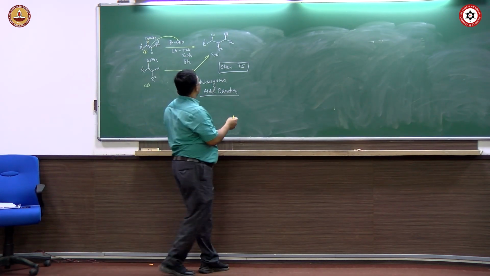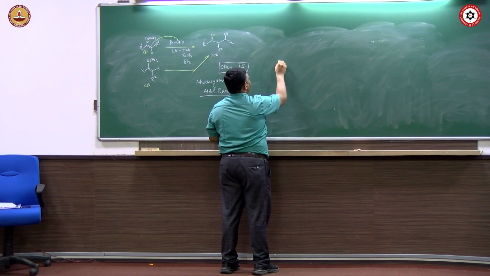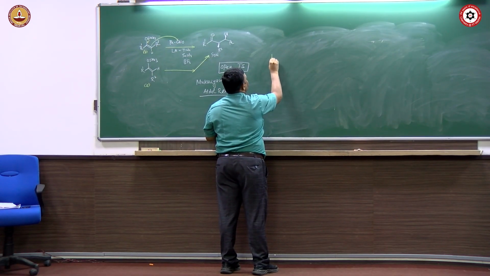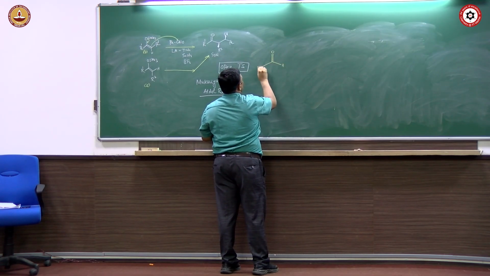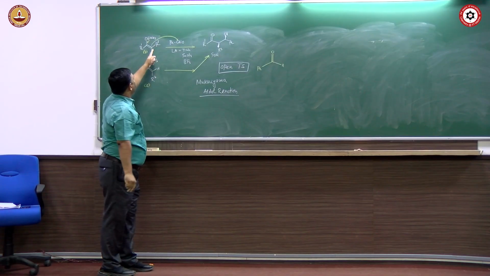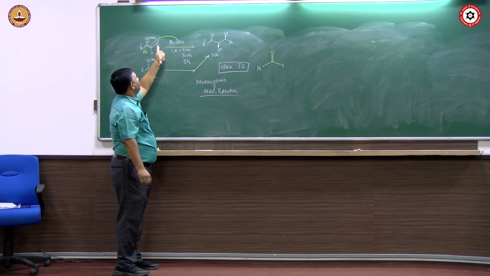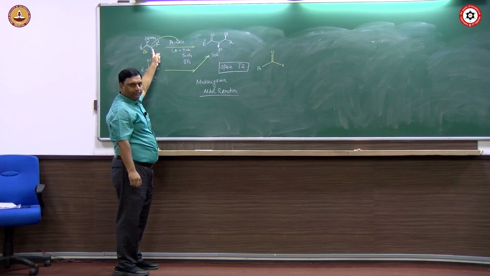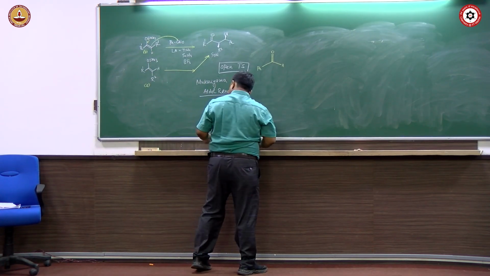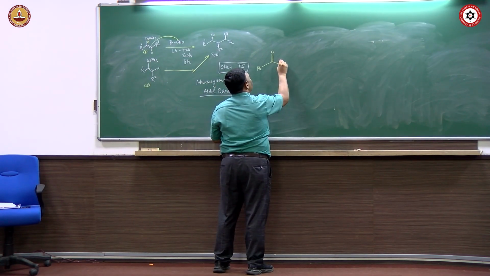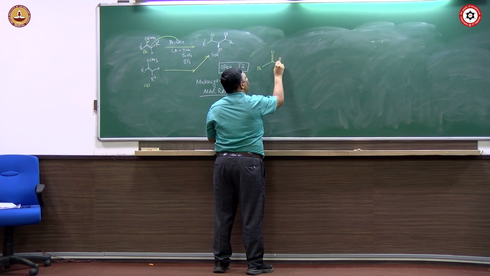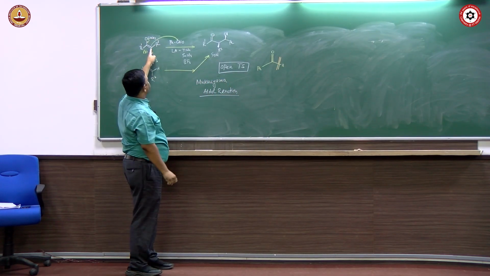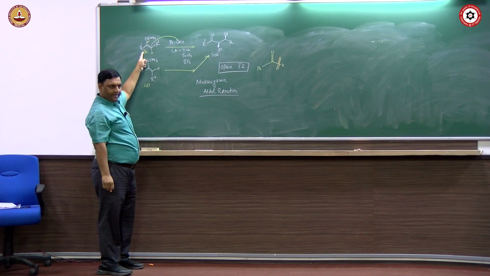First I will just give you a drawing, and then I will draw how exactly it is happening. So let's imagine that this is the carbonyl, and this carbonyl carbon will react with this particular carbon center. I am drawing this carbon, and I am taking the Z enolate.